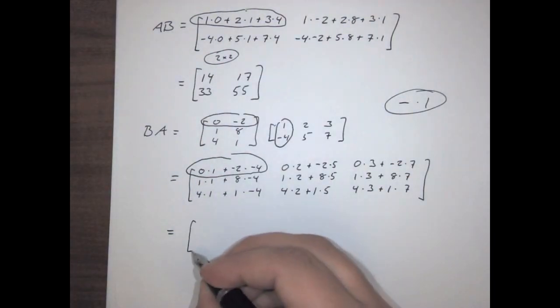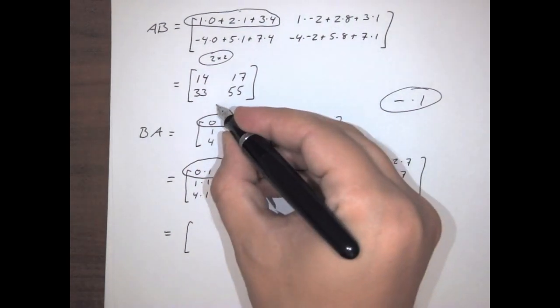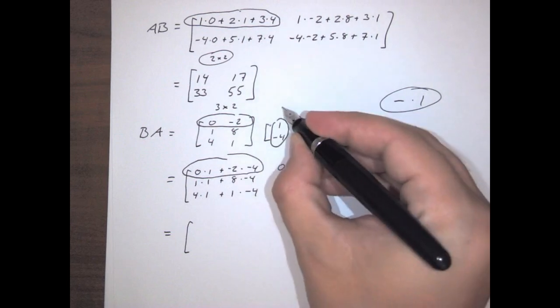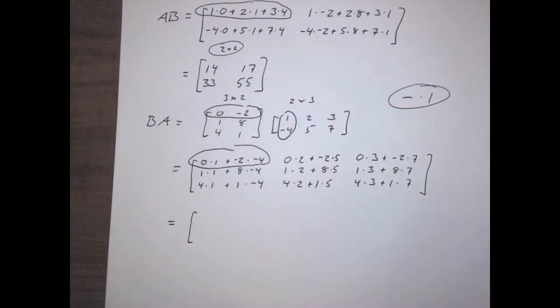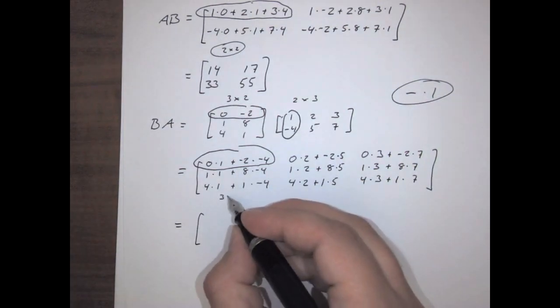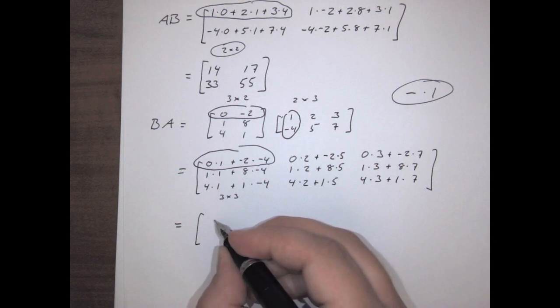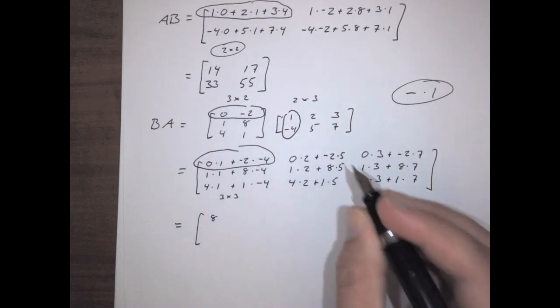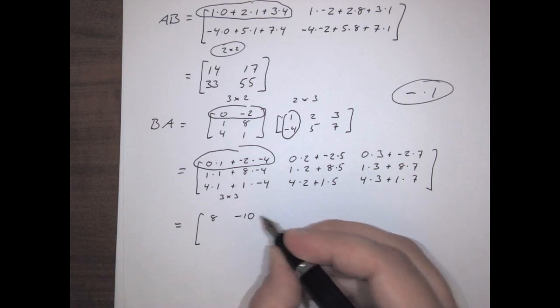And then we get our answer, and notice it's going to be a 3 by 3 because this was a 3 by 2. This was a 2 by 3. So our 3 by 3 answer is going to be 0 plus 8 is 8. 0 plus negative 10 is negative 10.